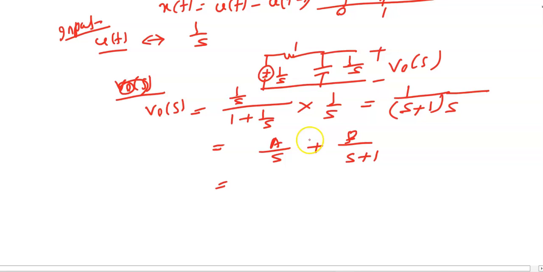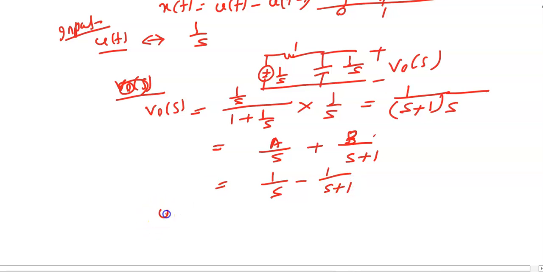Just multiply by s on both sides and put s equal to 0. That will give you A equal to 1. Similarly for B, multiply by s plus 1 on both sides and put s equal to minus 1. So B will be minus 1, giving minus 1 upon s plus 1, right?